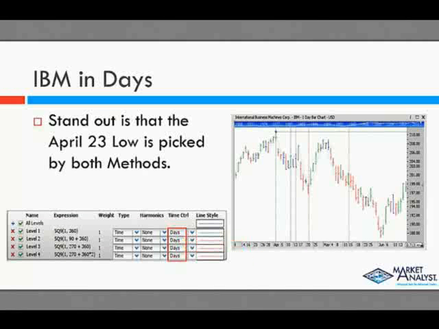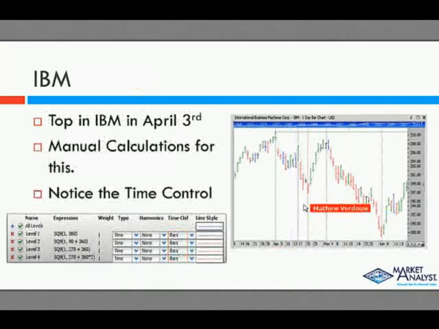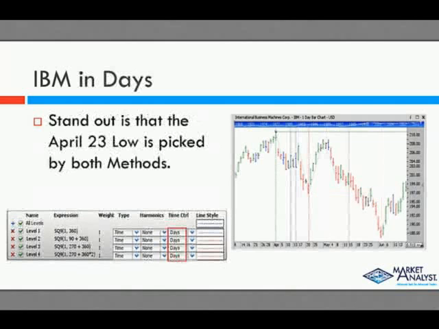Now immediately what's a standout is this April 23 low. So you can see here that our 270 degree on the second revolution, and if I go back one slide, our 90 degree on the first revolution are both hitting that day. Again, what we've got is a confluence of multiple calculations coming in on one day, which is extremely important.